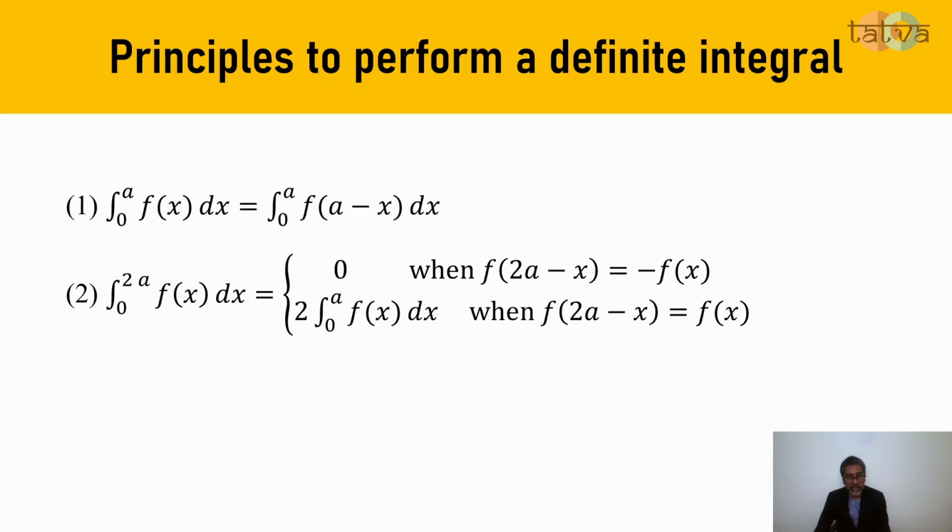One output is directly 0, for which f of 2a minus x is equal to minus f of x. The second possibility is 0 to 2a f of x dx becomes 2 times 0 to a f of x dx when f of 2a minus x is equal to f of x. This is considered a slightly higher property than the first.